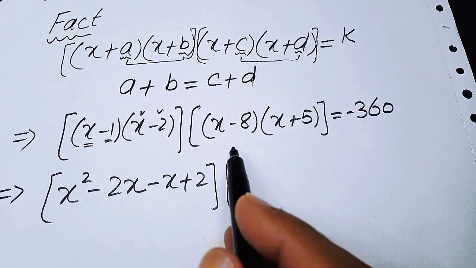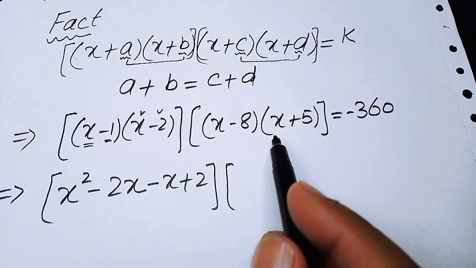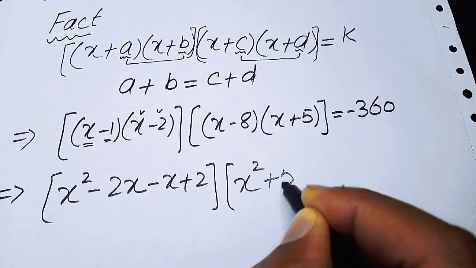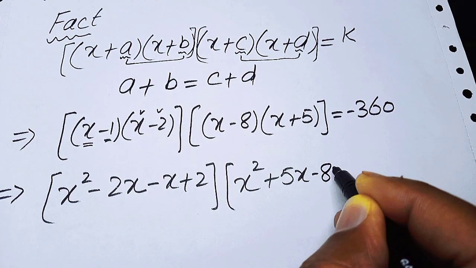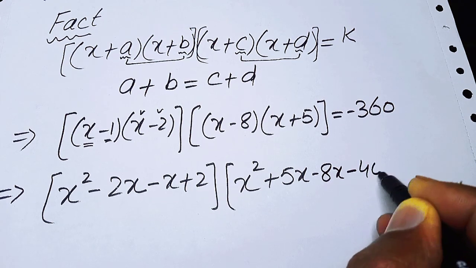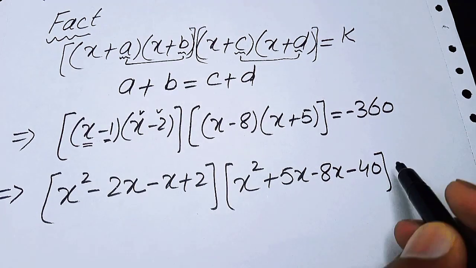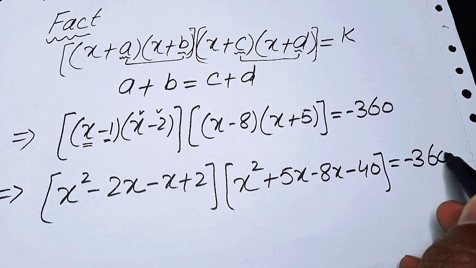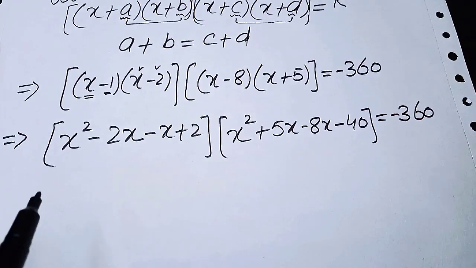Similarly, we make the product of the other two factors, and we get x² + 5x - 8x - 40 = -360.